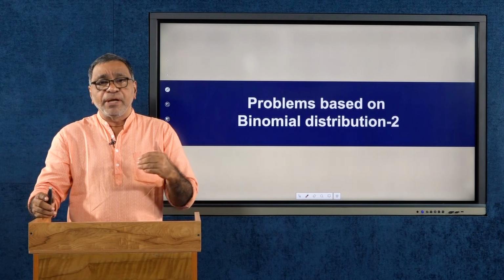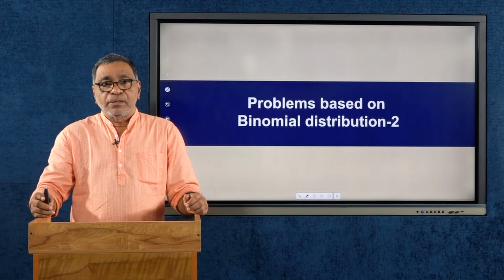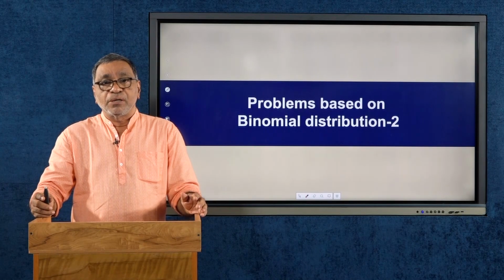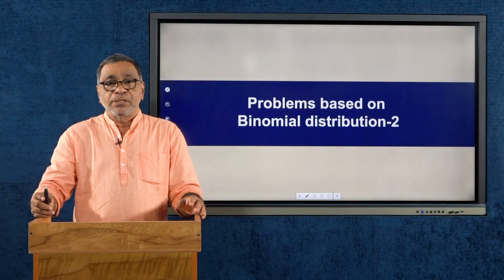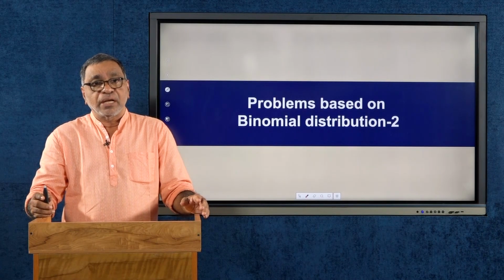So, if you are given a binomial random variable, the model of the probability mass function is decided by the values of the parameters n and p.